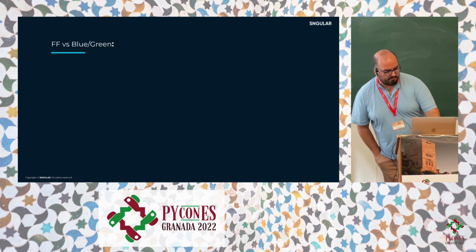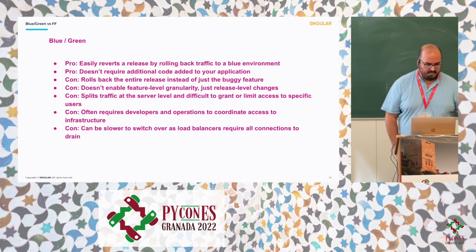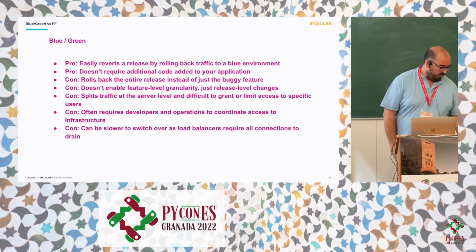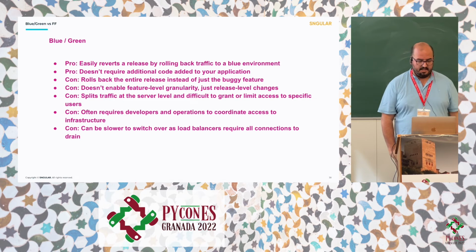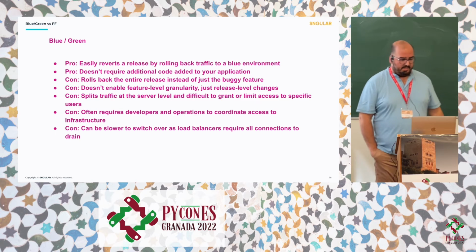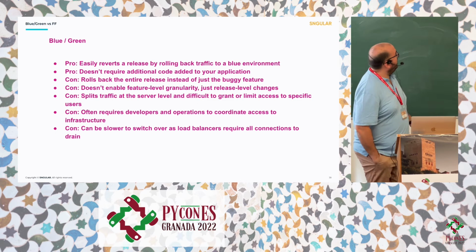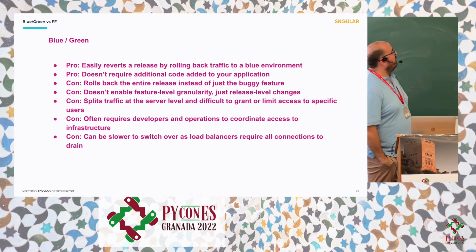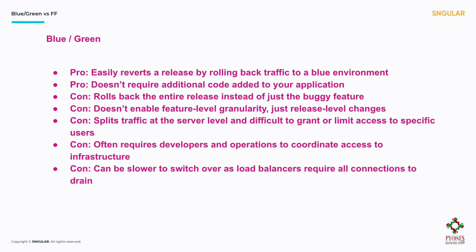Okay, feature flags versus blue-green. Blue-green is a way to deploy. Feature flags are able to do more things than just deploying. For me, the most important difference is related to the environments. You need fewer environments with feature flags.